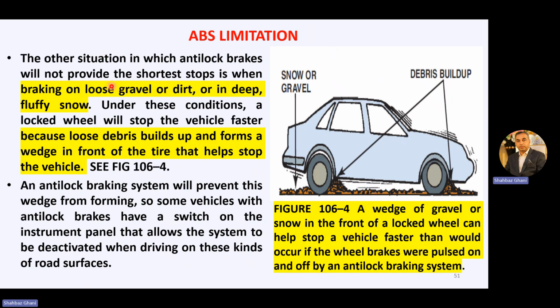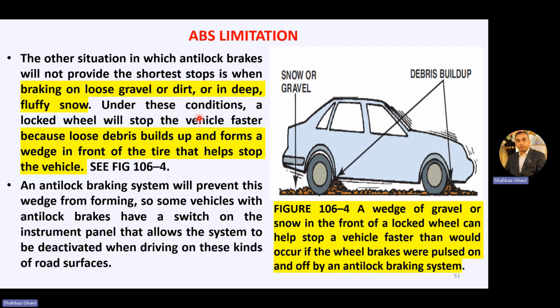The second situation in which the anti-lock brake system will not provide the shortest stop is when braking on loose gravel, dirt, or in deep fluffy snow. When the road condition is loose gravel, dirt, or deep fluffy snow, the shortest possible braking distance cannot be achieved by the ABS.